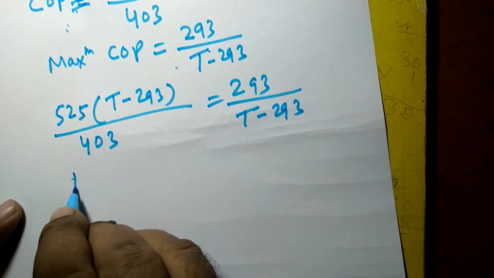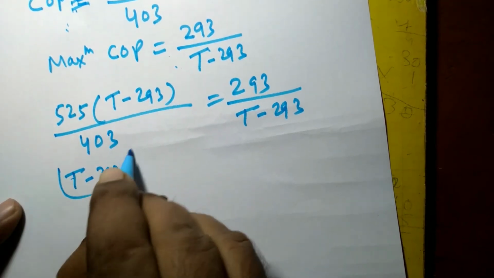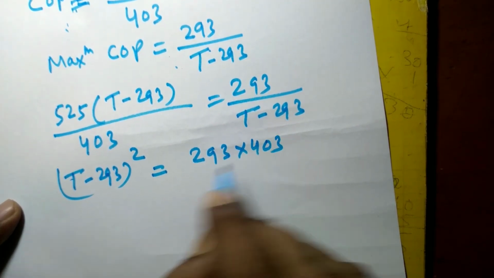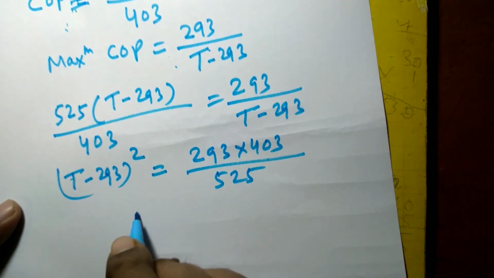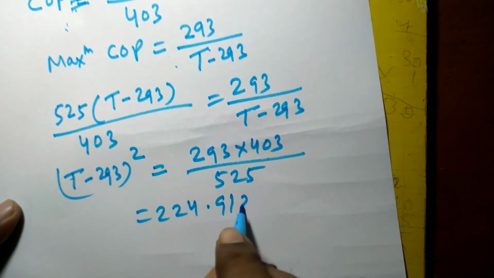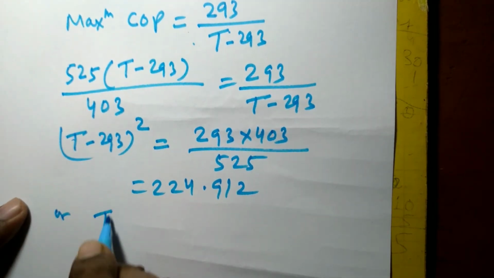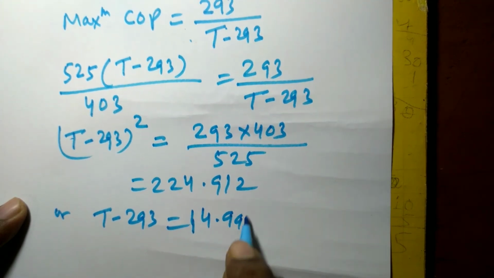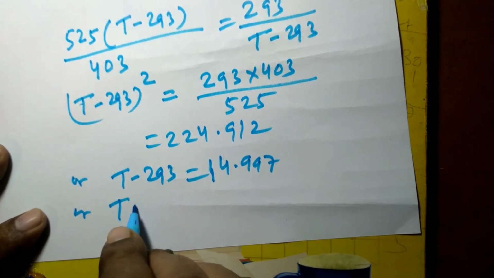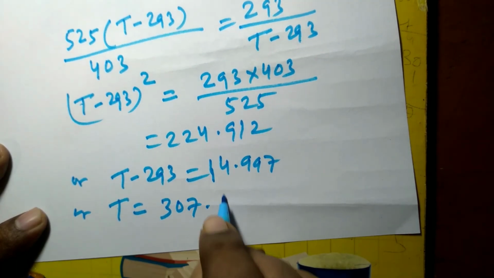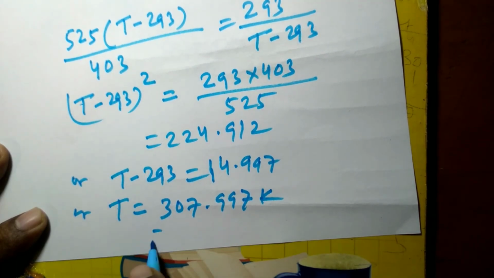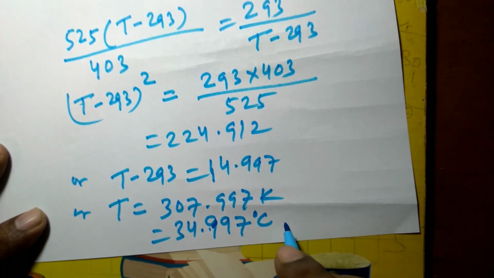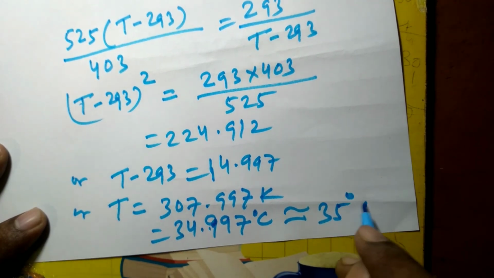On equating, I get T minus 293 squared equal to, on cross multiplication, 224.912, or T minus 293 equal to 14.997, or T is equal to 307.997 Kelvin, and this is equal to 34.997 degrees Celsius, or approximately equal to 35 degrees Celsius.